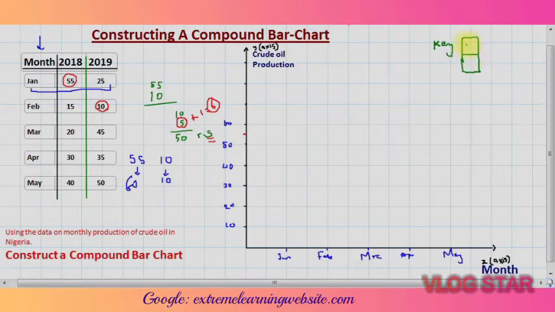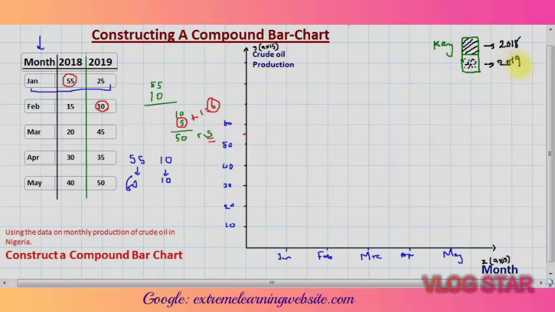So if I want to represent those of 2019, they have to be different from those of 2018. If I have a bar having strikes like this, you should know that bars having strikes are for 2018. But a bar having just dots is for 2019. It's very easy to locate when you have your key.